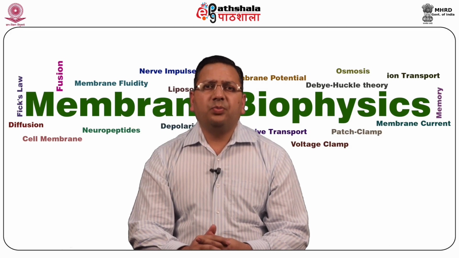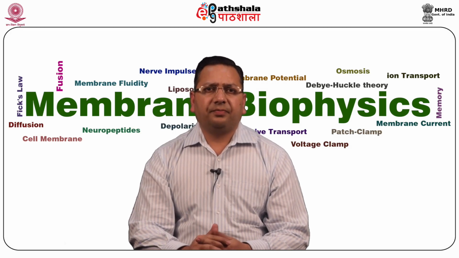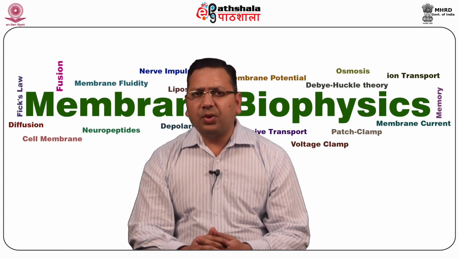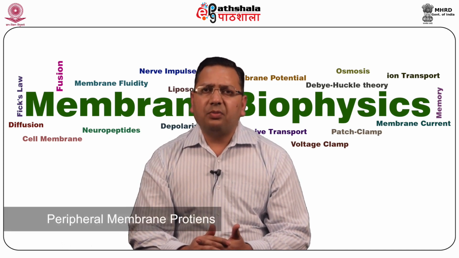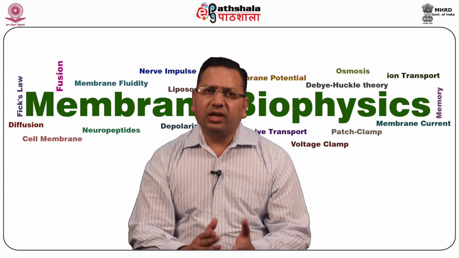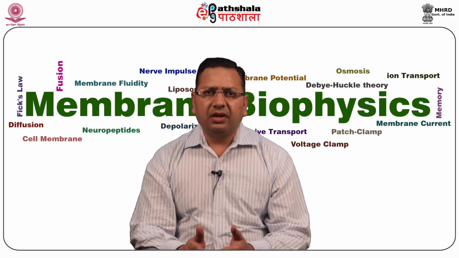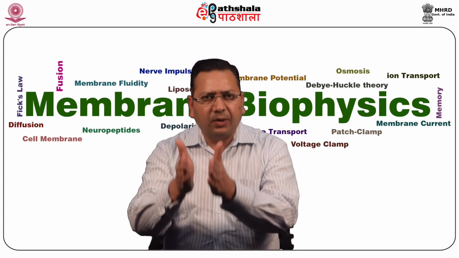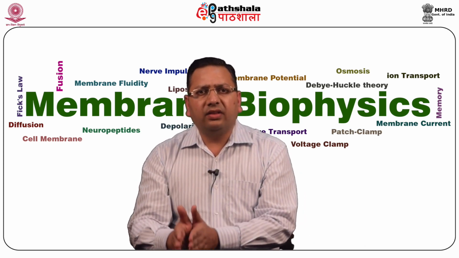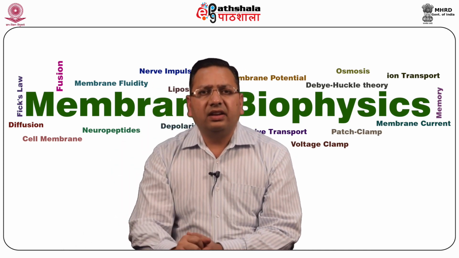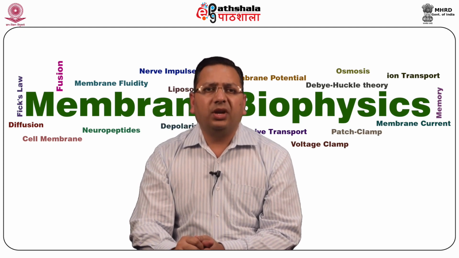Now, membrane proteins can be classified according to location. Membrane proteins are characterized as integral membrane proteins and peripheral membrane proteins on the basis of their location in the membrane. The proteins which are present within the phospholipid bilayer and whose major part penetrates or spans the bilayer are termed integral membrane proteins or transmembrane proteins.